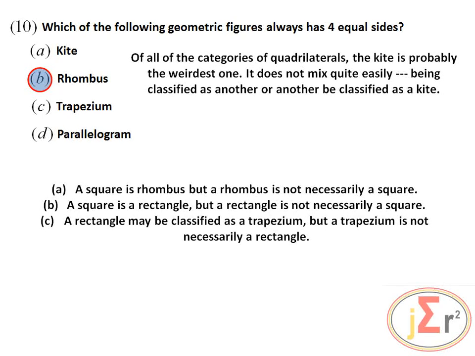So if you want to use the area, use the method that you use to find the area of a trapezium. Apply it to a square, apply it to a rectangle, apply it to any parallelogram, apply that to a rhombus, and you realize that that will also give a correct answer.